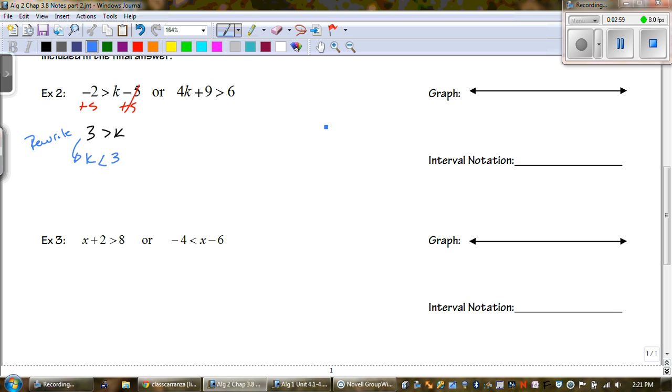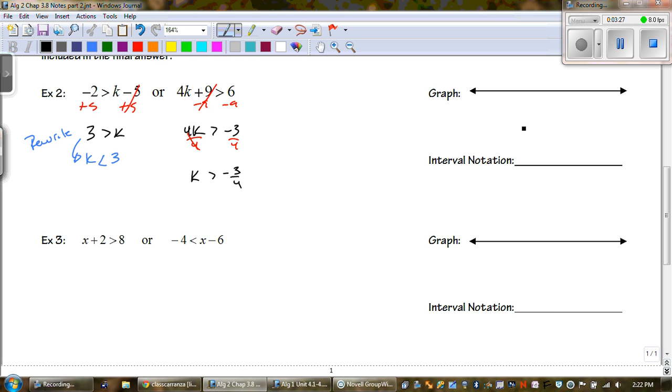Now to the other side. We're going to subtract 9 from both sides, and we get 4k is greater than negative 3. I'm going to divide both sides by 4, and we get k is greater than negative 3/4.